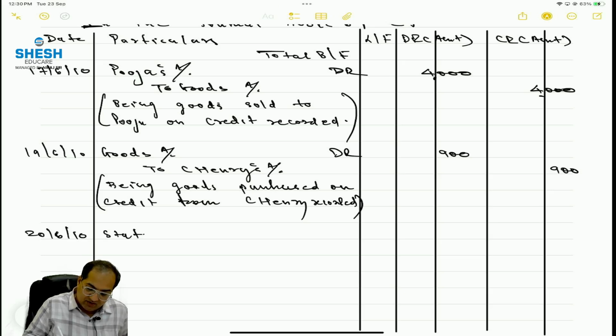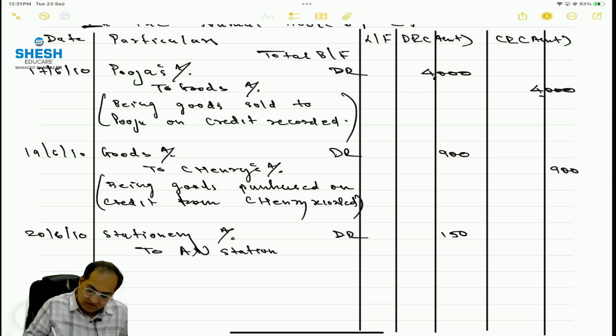So stationery account debit. How much? 150 to Anupam Stationery Mart account.